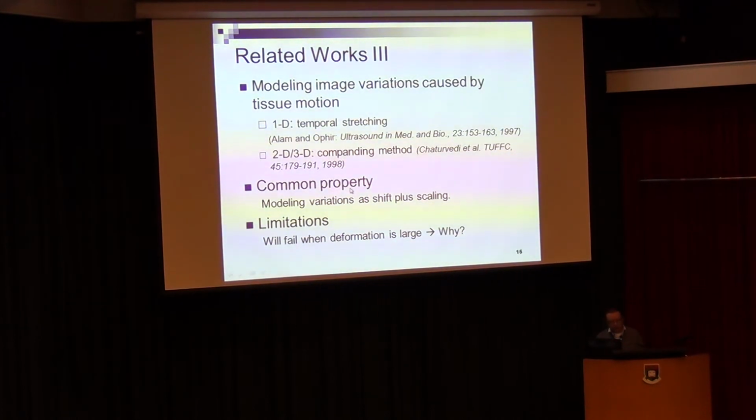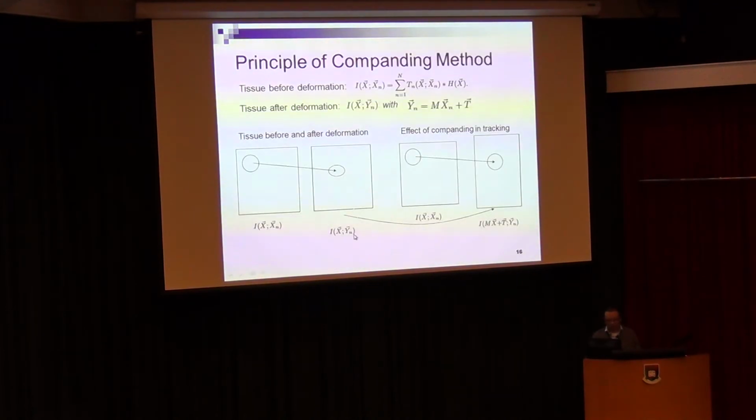The way they do this is that they look at what kind of change will derive from the tissue deformation, and they model this variation as a shift, the translation plus some scaling. We notice that if you have a large deformation, the compounding method also fails. We actually started by trying to understand why they fail.